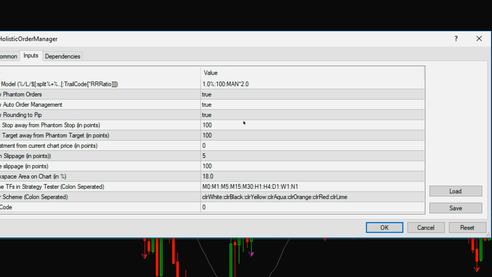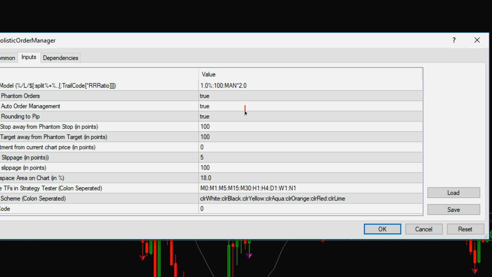You can define risk as either fixed number of lots like 1.3 lot, or a fixed percentage of equity balance like 1.5% of your equity, or a fixed dollar amount of the equity balance. For example, $150.